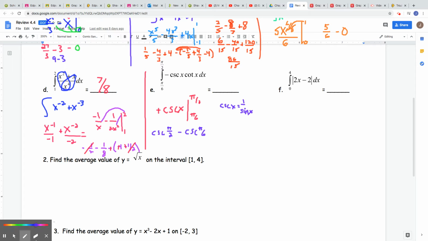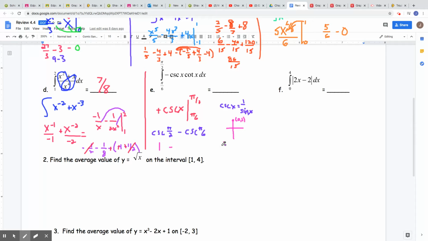All right, so pi over 2. Pi over 2 is located up here, which is at 0, 1. So I take 1, sine is 1, that's what y is. 1 over 1 is just 1. Pi over 6.